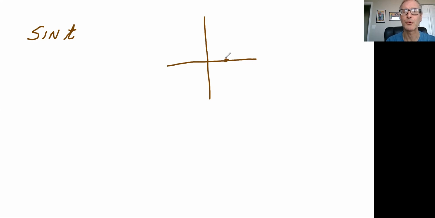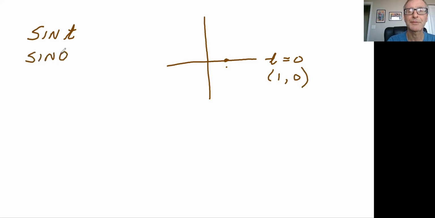Let's walk through a few points. What happens when t equals 0? Well, you're on the unit circle. This point here is x equals 1, y equals 0. Remember, sine is the y value, right? So sine of 0 would be 0.